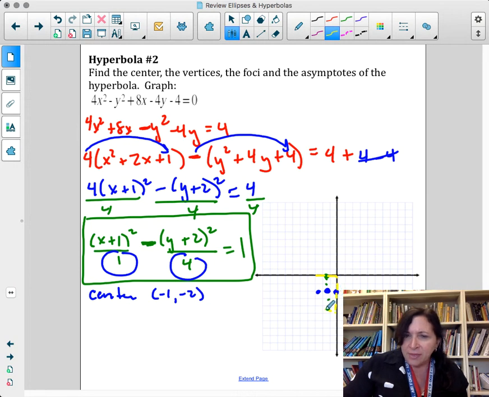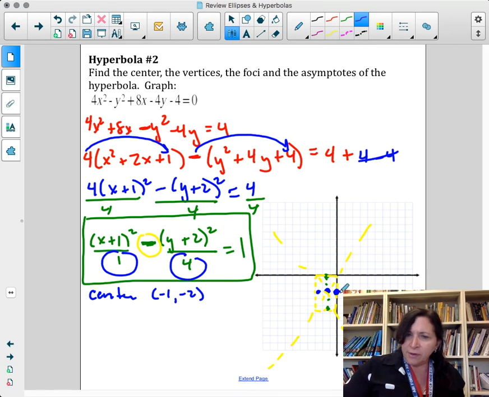And so it's just a very small difference between an ellipse and a hyperbola. Remember, if it's a hyperbola, there's 1 negative sign. And so we're going to put in our asymptotes, and our asymptotes are going to come down like that and like that, okay? And because my x term is positive, my graph is going to open along the x direction.